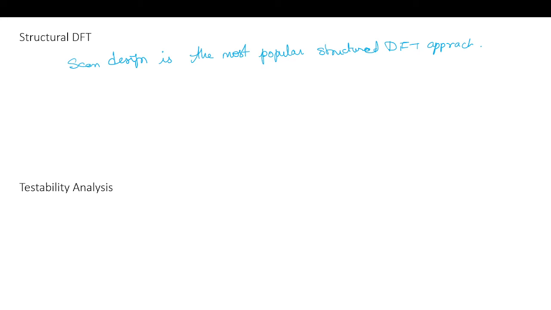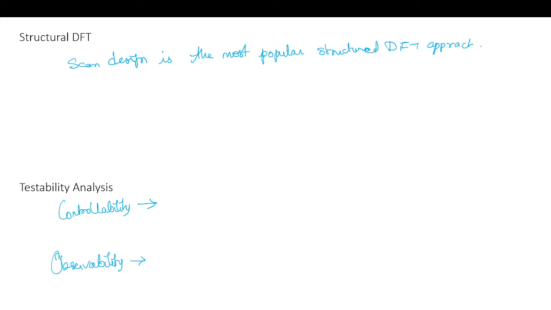In the testability analysis, we said two concepts: controllability and observability. How difficult it is for a node to be set to a particular value, and how difficult it is for us to observe a particular value of the node.